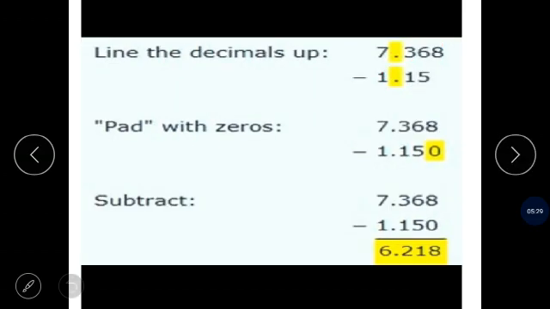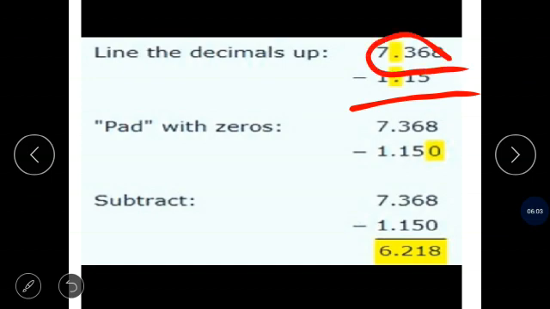Okay, now let's see the example of subtraction. Your question is 7.368 and 1.15. Here you have to line up the decimals like this. Now change them into like decimals. See which one has the maximum decimal places.